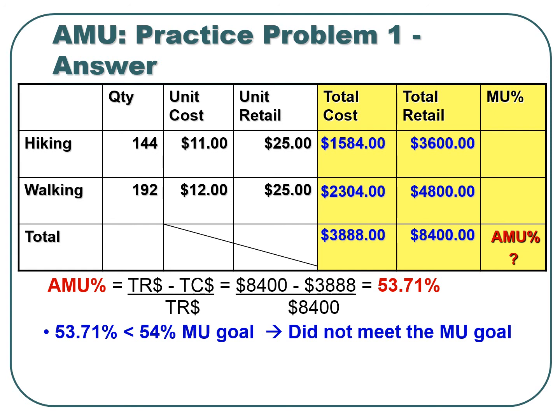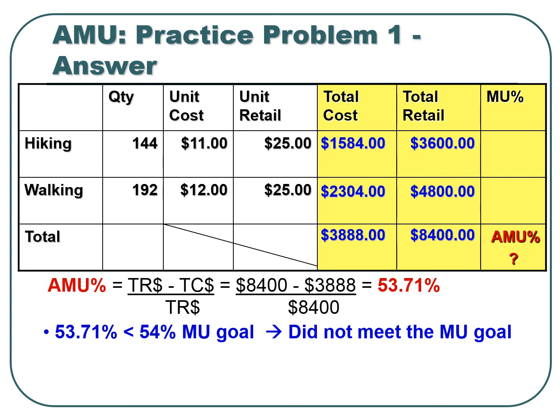Although you may think, well, you can round it off to be 54, but no, that's not going to happen. 0.5%, 0.1%, 0.2%, all count in terms of the markup, because we're not dealing with just $10 of merchandise. We're dealing with big numbers, a group of merchandise. In this case, it's 8,400 only, but in reality, the store is going to deal with numbers with a lot of zeros, right?